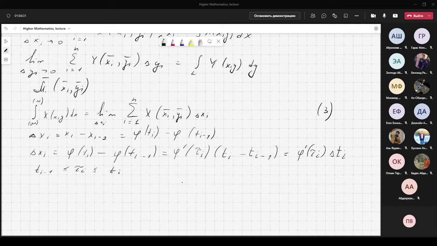Since the point x_i bar, y_i bar on the subarc delta s_i may be chosen arbitrarily, we shall choose it so that its coordinates correspond to the value of the parameter theta_i: x_i bar equals phi of theta_i, and y_i bar equals psi of theta_i.